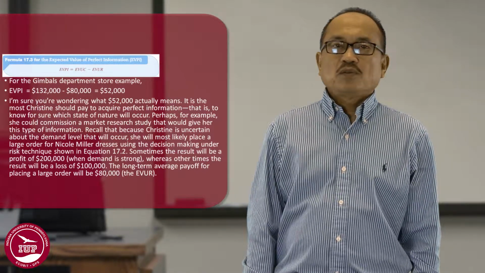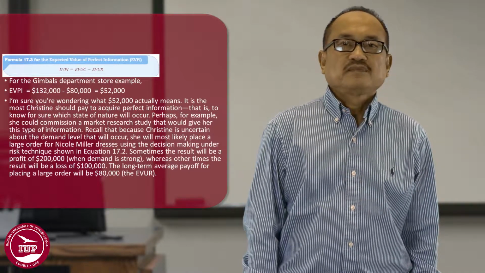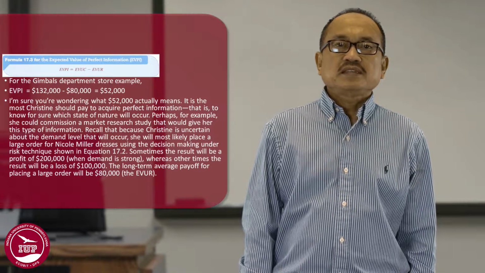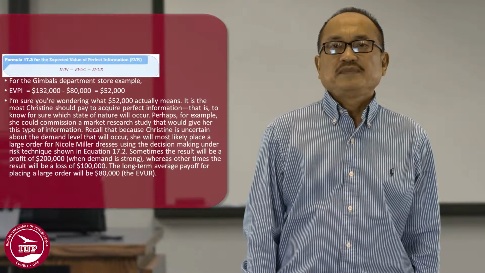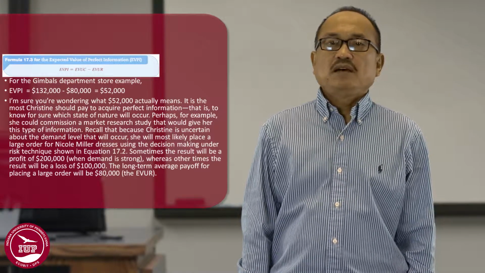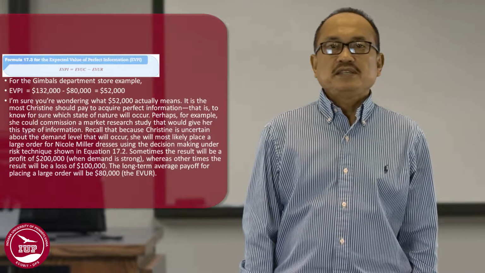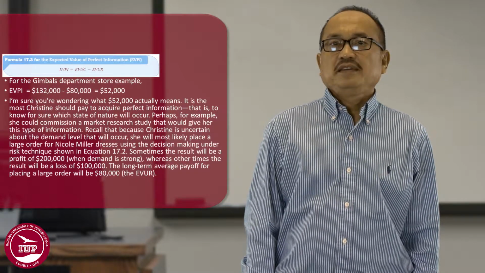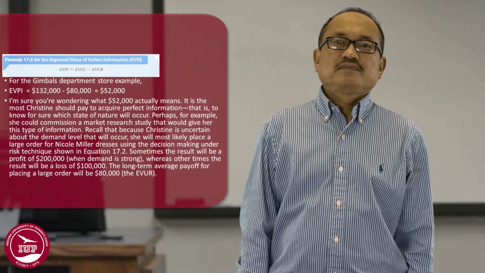I'm sure you are wondering what $52,000 actually means. It is the most Christine should pay to acquire perfect information. That is, to know for sure which state of nature will occur. Perhaps, for example, she could commission a market research study that would give her this type of information.